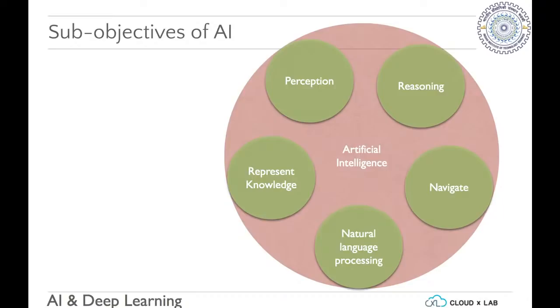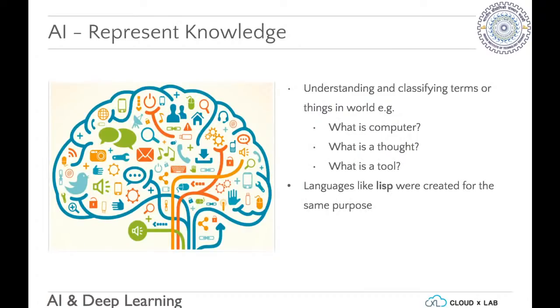Okay? So, representing knowledge is like understanding and classifying terms or things in the world. For example, what's a computer, what's a thought, what's a tool. Earlier, people thought that representing knowledge was something to do with computer languages, right? So they created Lisp. Lisp was a programming language that came out of MIT in order to design an AI so that machines can represent knowledge.